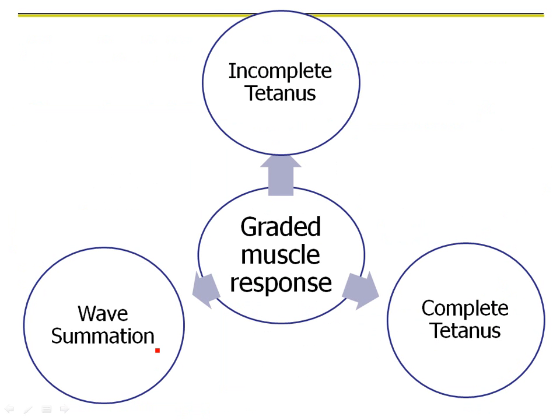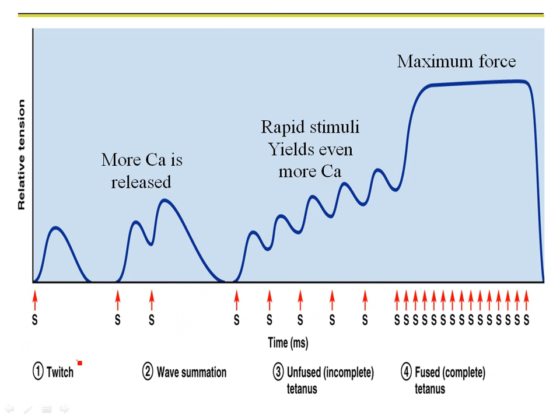There are three types of graded muscle responses we're going to look at. One's wave summation, incomplete tetanus, and tetanus. And as I said in class, this tetanus has nothing to do with stepping on a rusty nail. Right, here's the deal. This first one right here is a muscle twitch. Remember, a muscle twitch is one stimulus. So it's a latent period, a period of contraction, a period of relaxation.